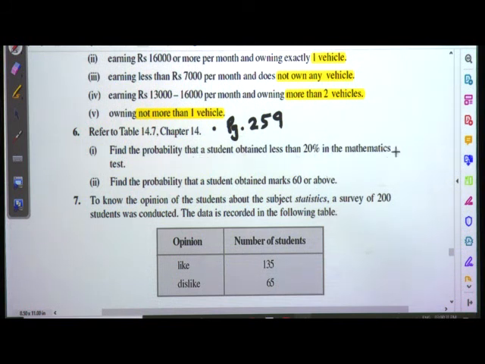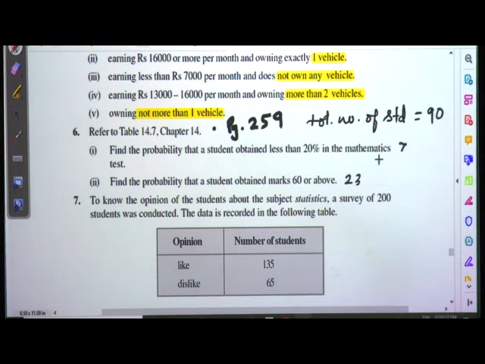First we will mention the number of students favorable for this outcome, which is 7, and here 23. One more thing we have noticed, that the total number of students is equal to 90. So what is the probability?